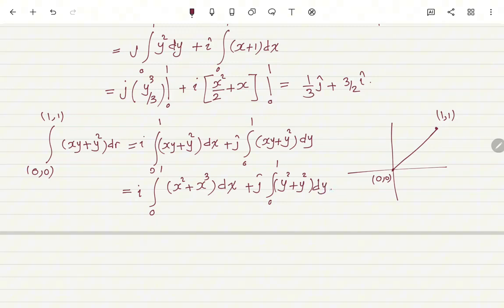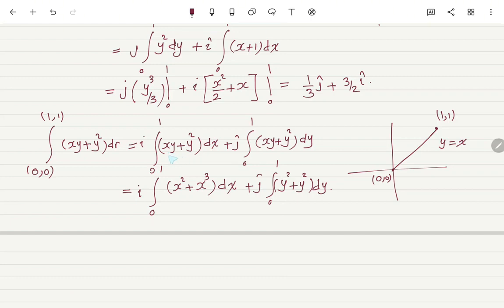Now what we did here, this is a linear equation, and y in this case is equal to x. So if x equal to 0, y is equal to 0. If x equal to 1, y equal to 1. In the first integral, we replaced y by x.